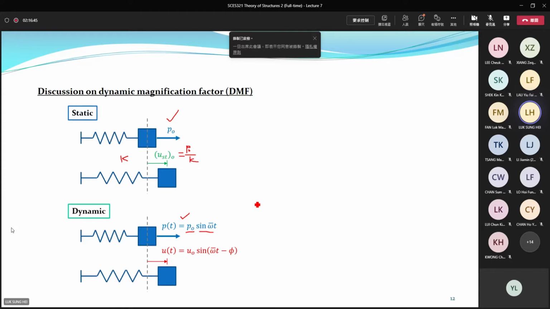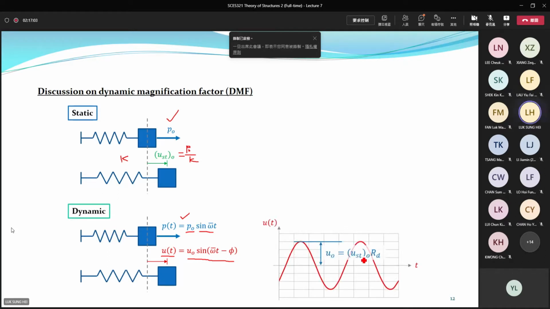When you change the force to a sinusoidal force with the same force magnitude, then what will happen to our displacement? Based on our previous discussion, the dynamic displacement at steady state is equal to this equation. U0 is equal to UST times RD according to our previous formula.